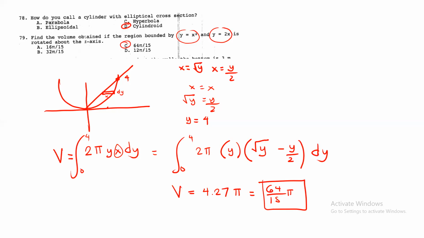So, next, number 80. A 5-meter extension ladder leans against the wall.